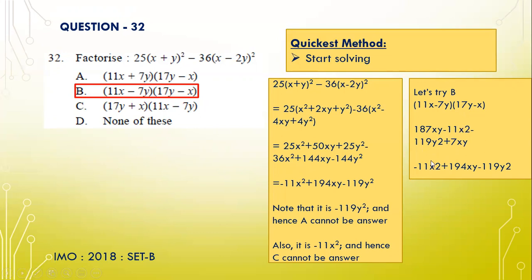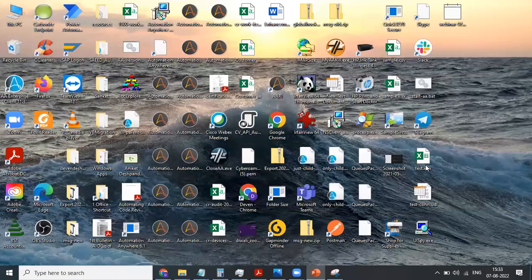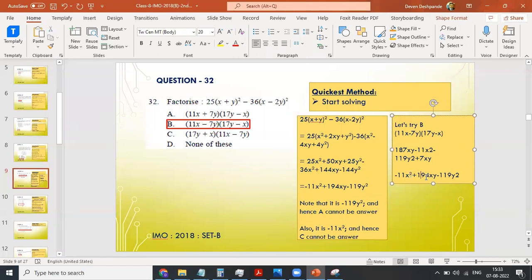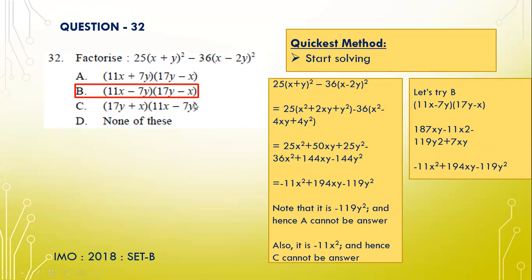So again the answer is minus 11x square, and plus 194xy because 187xy plus 7xy is 194xy, and minus 119y square. So the correct answer is option B.